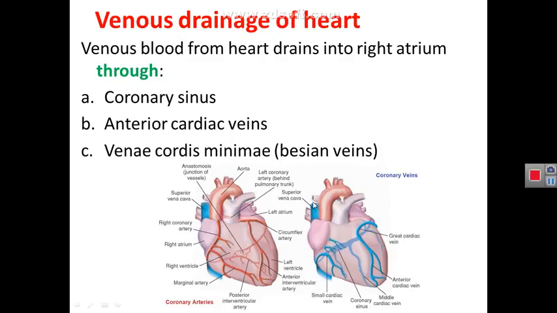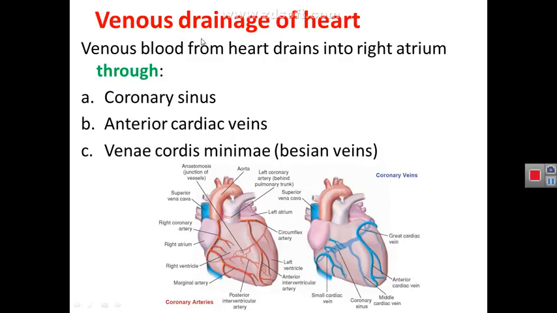In addition to that, we have pits or small veins that are seen from inside of the heart, mainly in the right atrium and right ventricle, that are called venae cordis minimi.